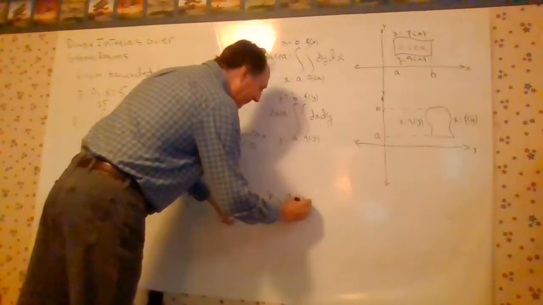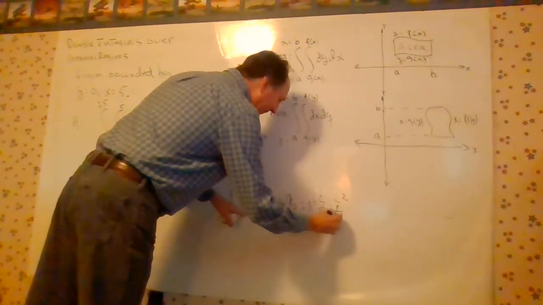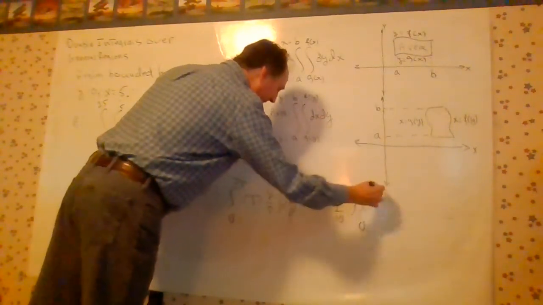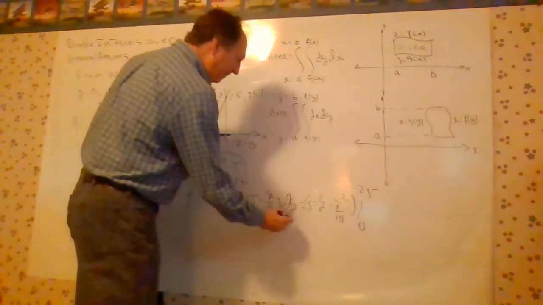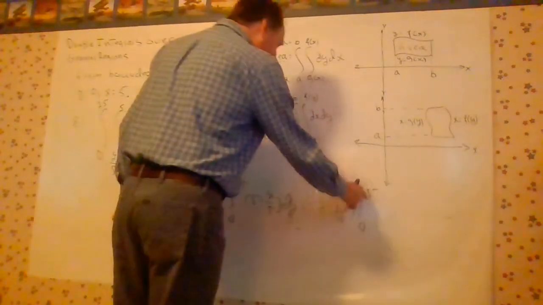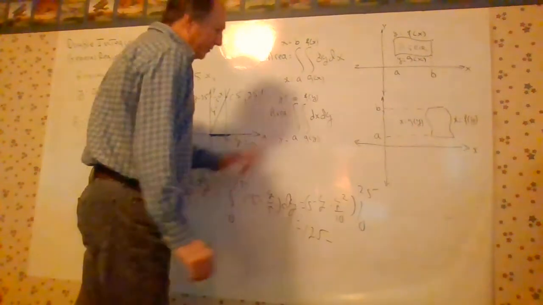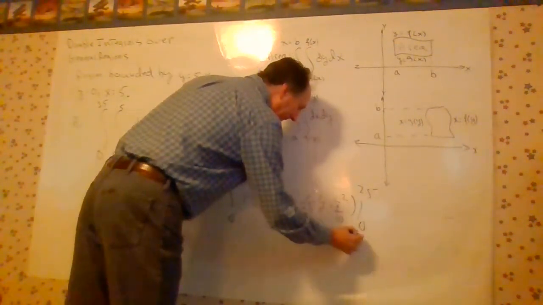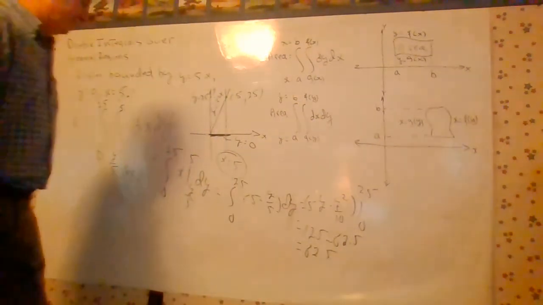Okay, this gives us 5y minus y squared over 10 from 0 to 25. Okay, that's y squared over 2 times 5, which is 10. And you can plug this in. This 5 times 25 is 125. 25 squared, 625 over 10 is 62.5. Subtract that. As predicted, 62.5.